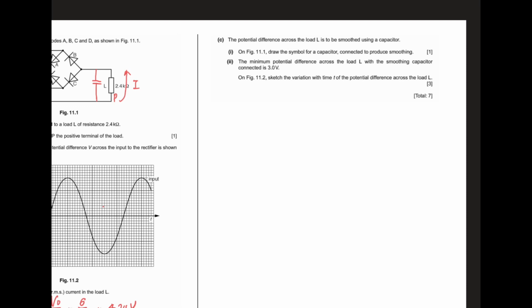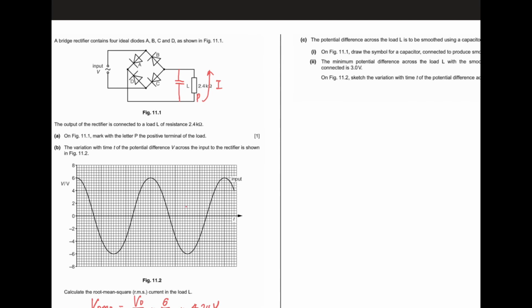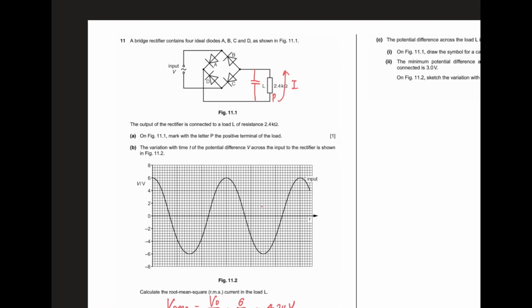On figure 11.2, sketch the variation with time t of the potential difference across the load L. Okay, so minimum is 3.0, and there is a smoothing process that happens. Let's magnify it a bit.